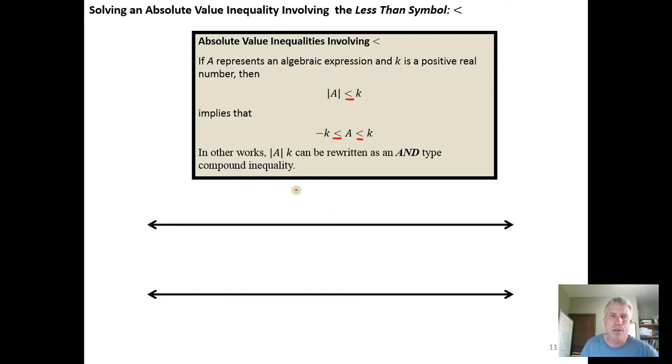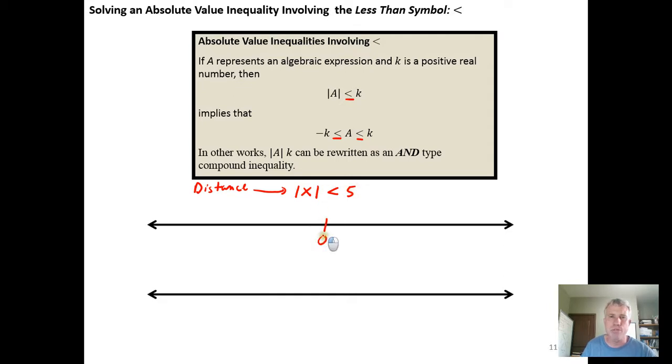But if we look at just a concrete example for a minute, let's say we have the absolute value of x being less than 5. What does that mean? Well, remember, the absolute value symbol describes a distance, right? The absolute value of something is the distance it is from 0. And here we're saying we want the distance that x is from 0 to be smaller than 5 units.